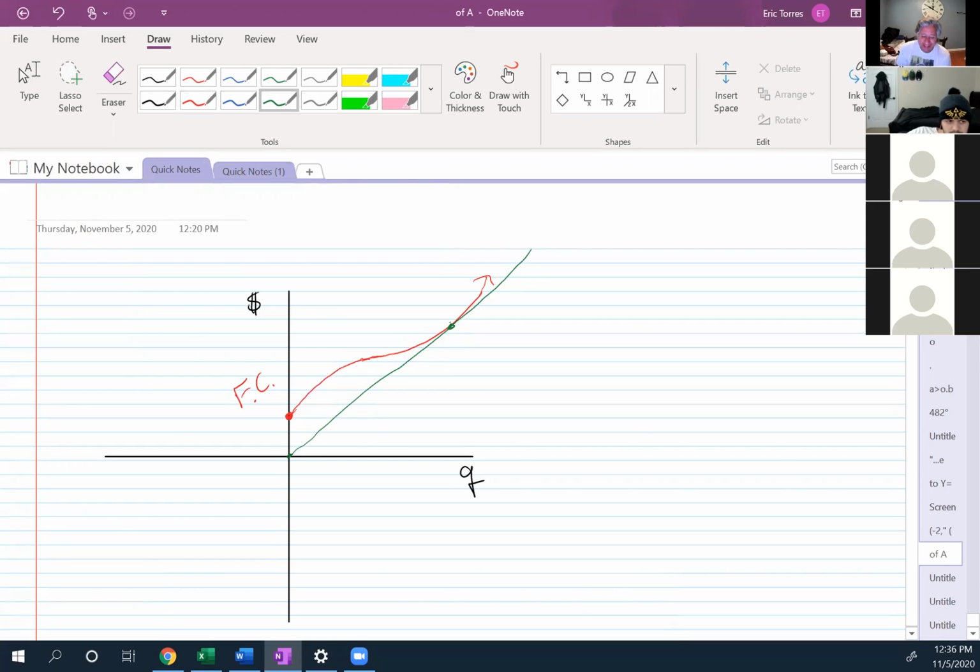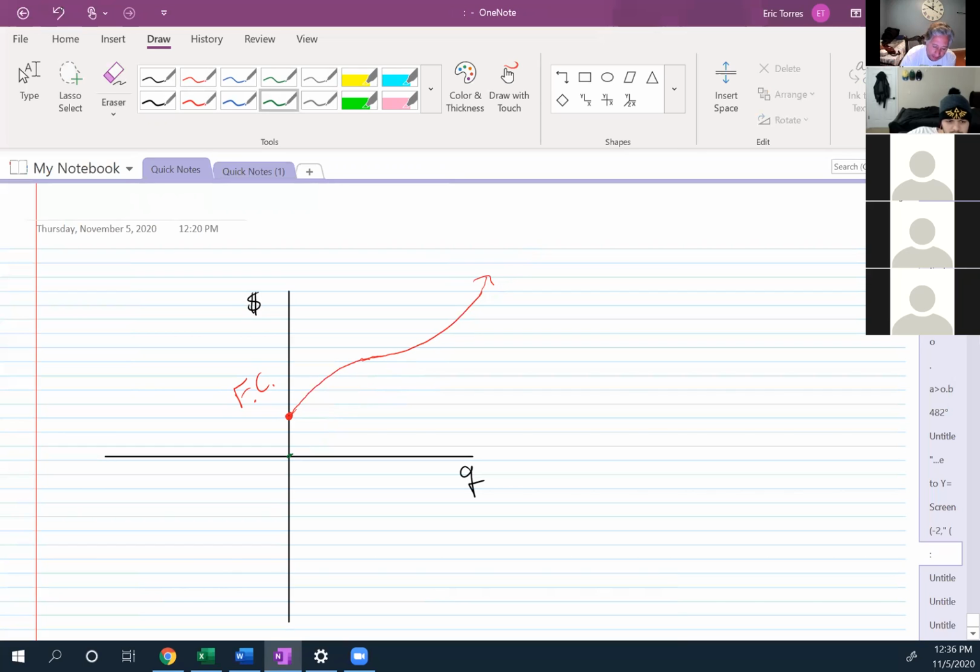So this is graphically how I can find the lowest average cost per unit. Now, again, not a big issue for what we're doing, just kind of talking about it in general.